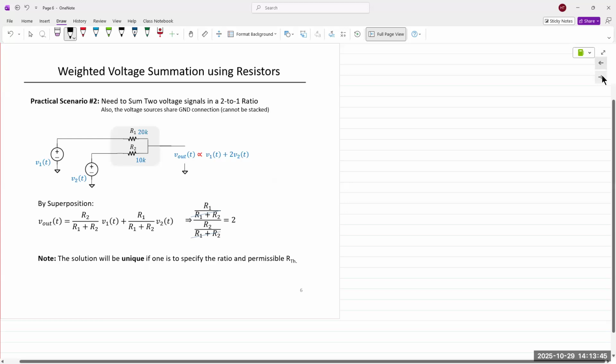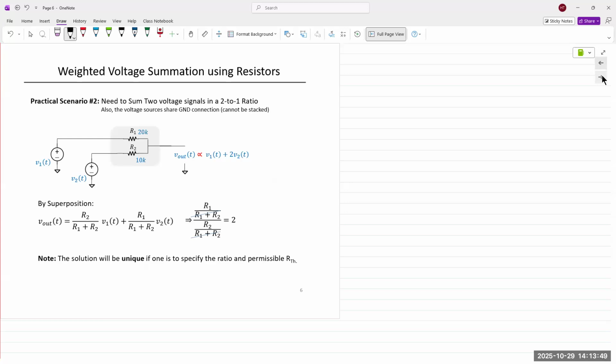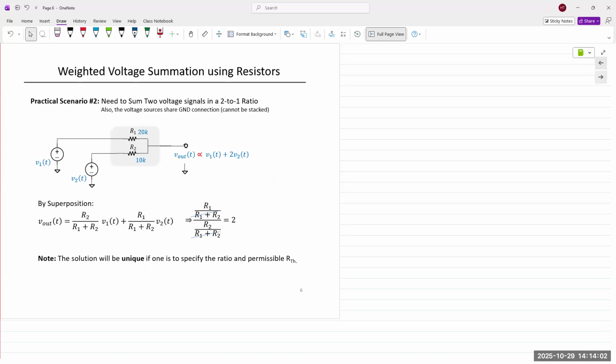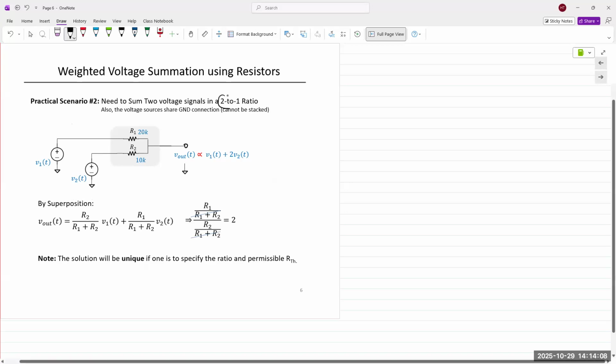All right, voltage summation using resistors, weighted voltage summation. We have a circuit right here comprised of two voltages, V1 and V2, and we wish to add them together. So V out is at this point. In this case, the resistor values are different because we want to add them in a 2:1 ratio.